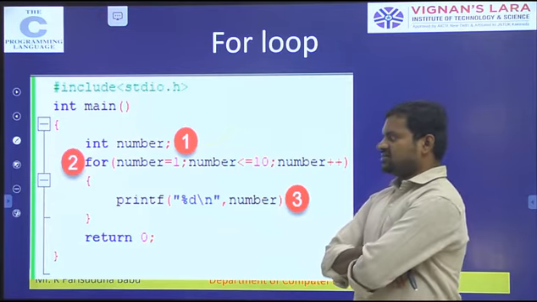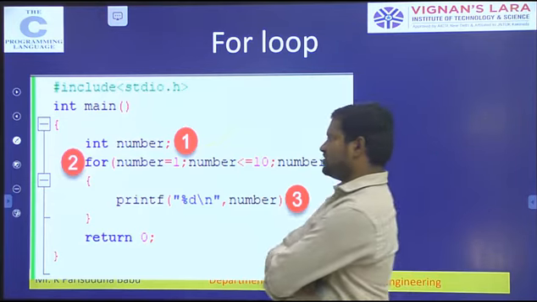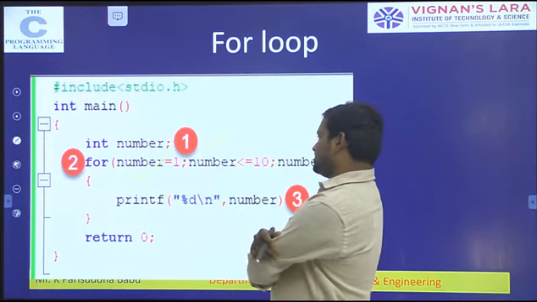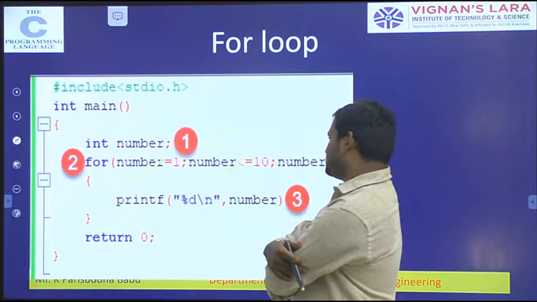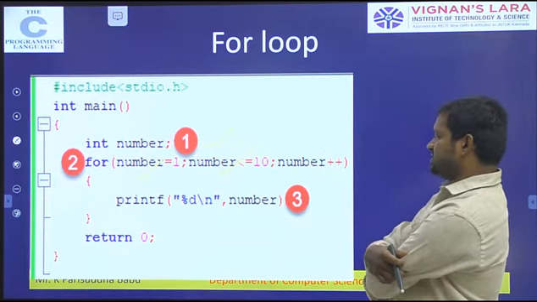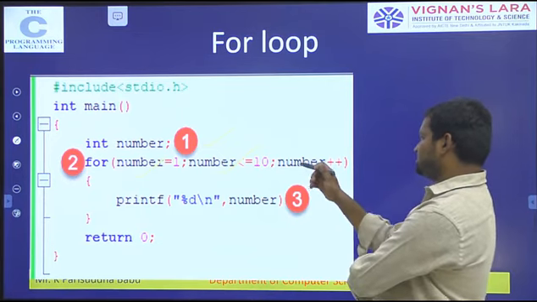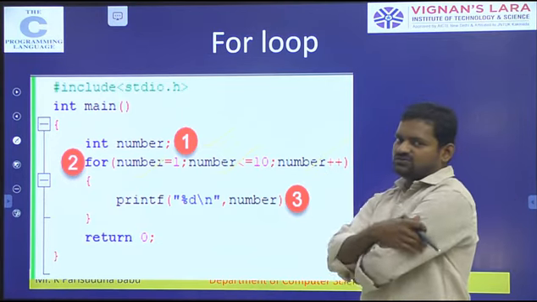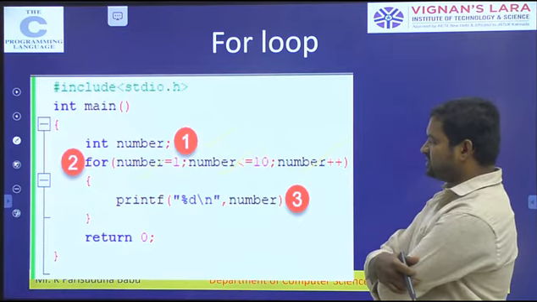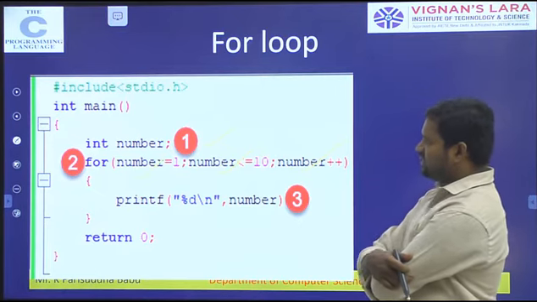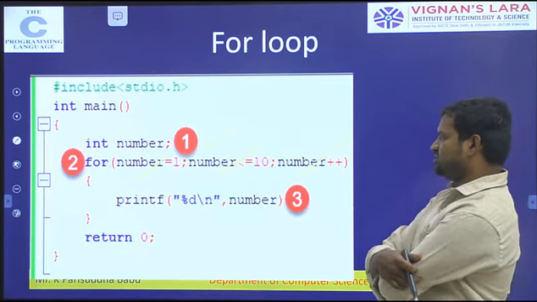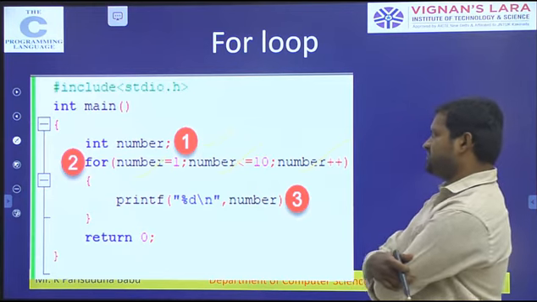See the second part: the condition is checked here on the number. Third, the number is incremented or decremented, and that is also available here. Then printf of the number.